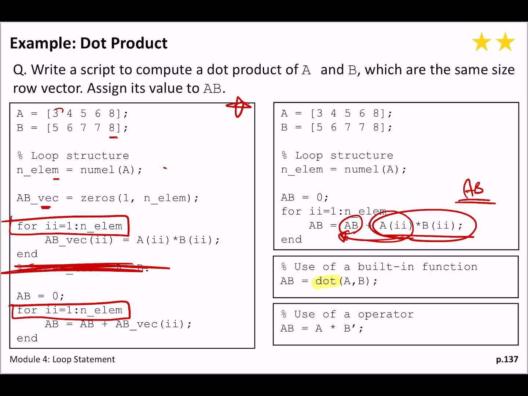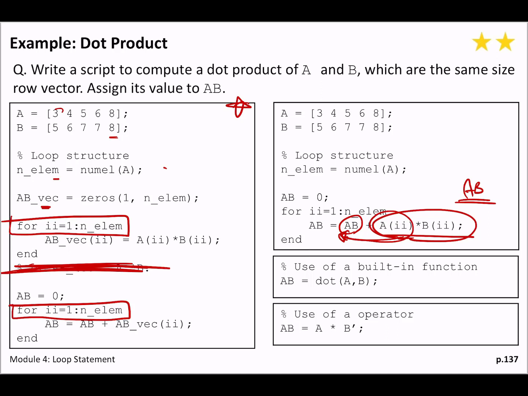This is how you use the dot function. Then you will get the AB value. So AB can be computed using this one-line operation. Again, the most basic operations are already built in as functions in MATLAB.